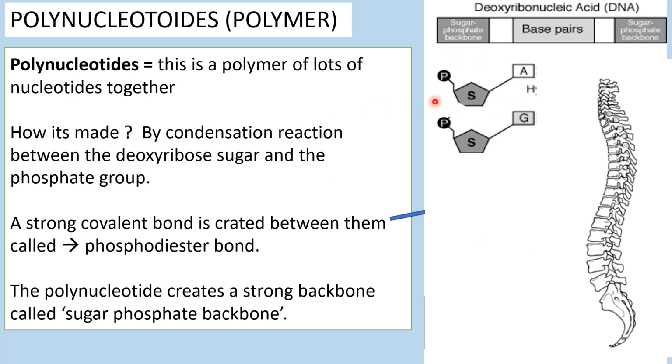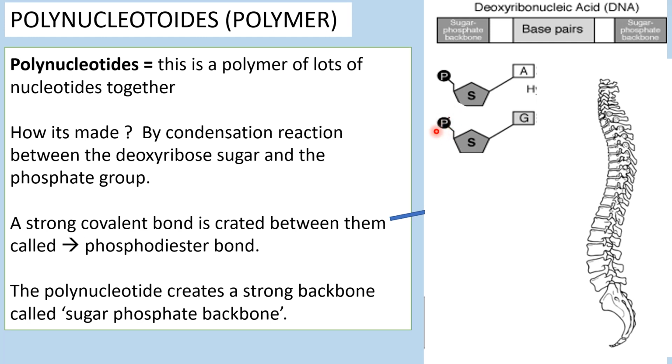Look into here. I have one monomer, one nucleotide. I have another nucleotide. These two nucleotides are going to be joined together by a condensation reaction. We need to know between which two groups.